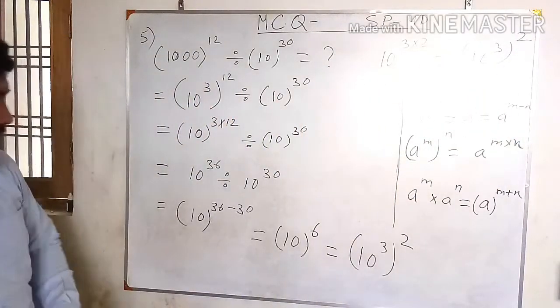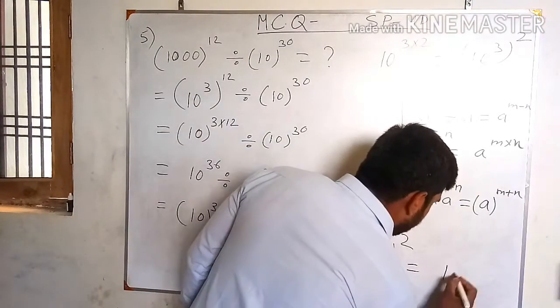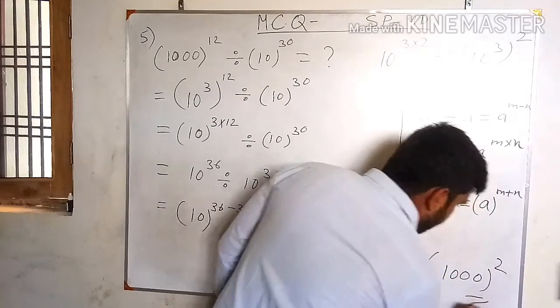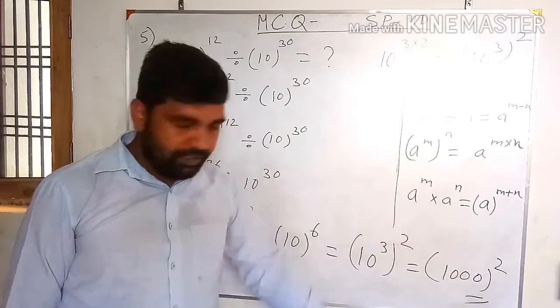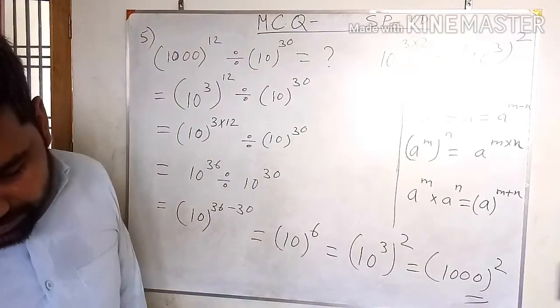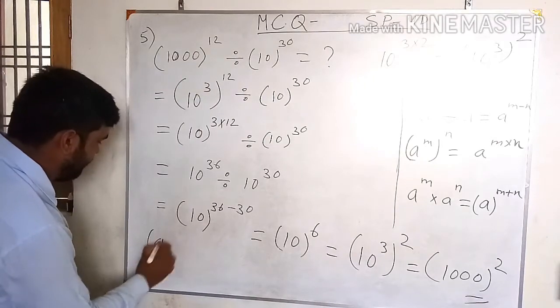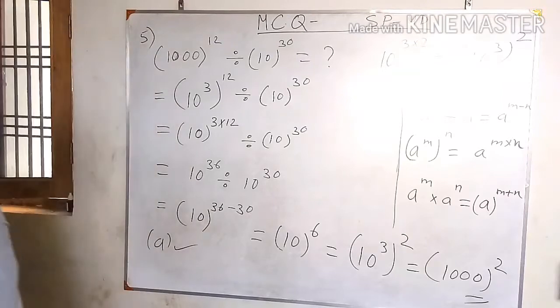Now the value of 10 to the power 3 is 1000, and whole to the power 2. So option A is the correct answer. Now we move to question number 6.